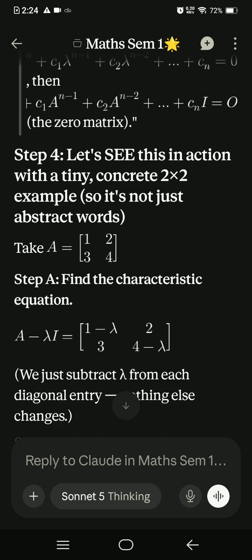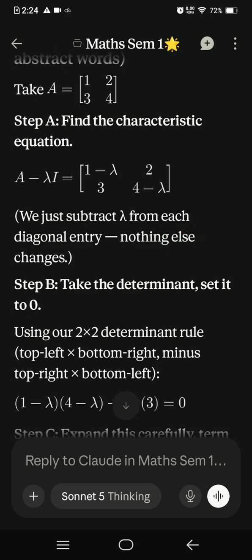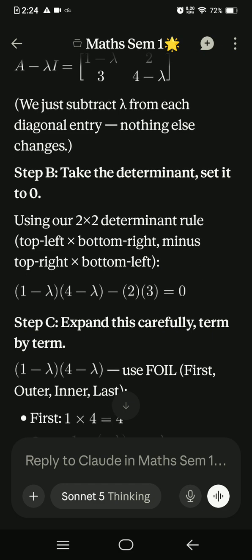Let's take the matrix 1 2 3 4. Find the characteristic equation. If we take this matrix and subtract lambda I, we get this. We just subtract lambda from each diagonal entry, nothing else changes. Take the determinant, set to 0.